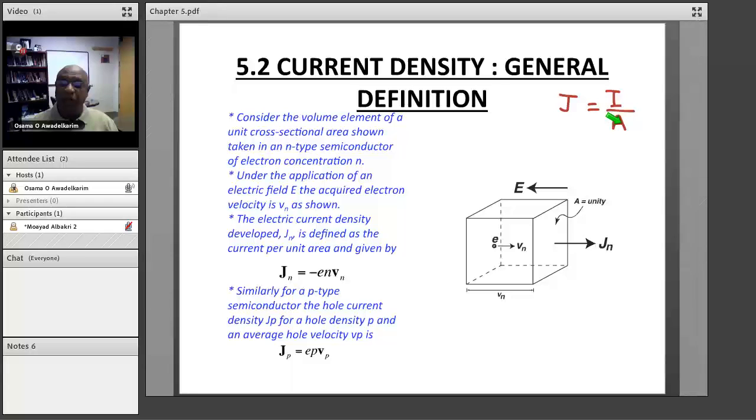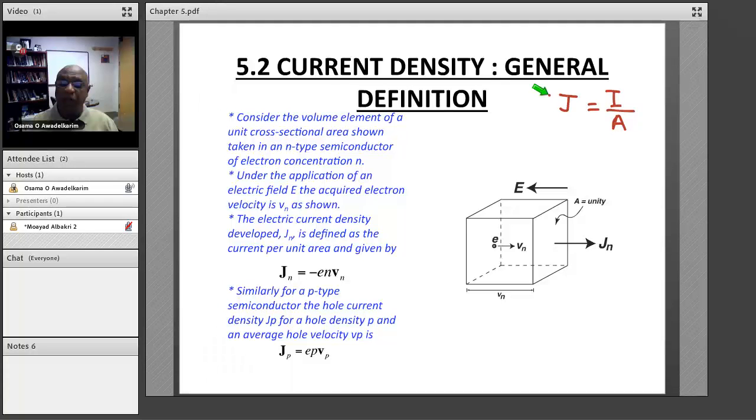So the unit will be the units of current divided by the units of area. So it will be something like ampere per meter squared, or ampere per centimeter squared, or microampere per millimeter squared. So it's a density, it's a current over unit area.